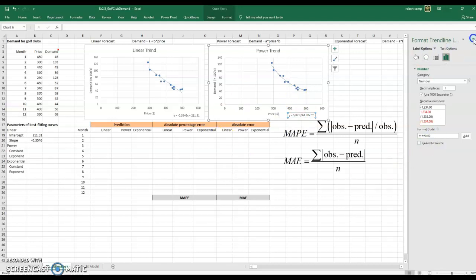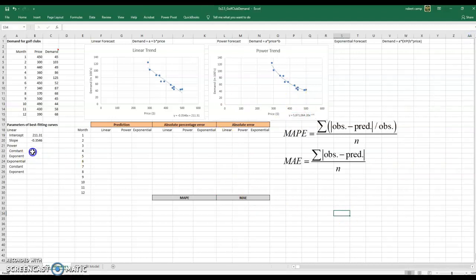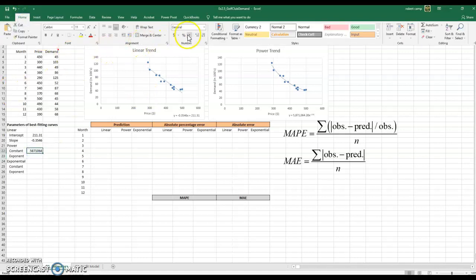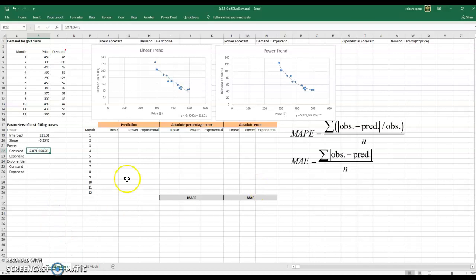So that's what we want to do. Okay. And so our constant is going to be 5,871,064 times 10 to the negative 20. And I like having commas on those really big numbers, so I'm just going to put that comma in there. And then my exponent is going to be negative 9.91. Okay. And so that is the information that I need for my power trend.